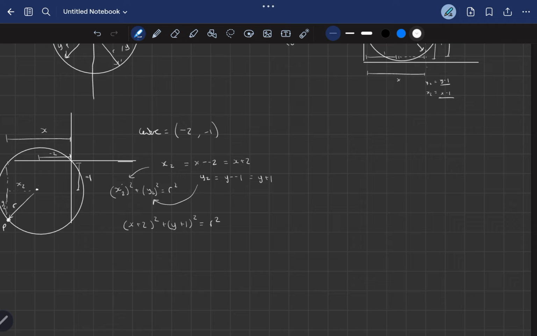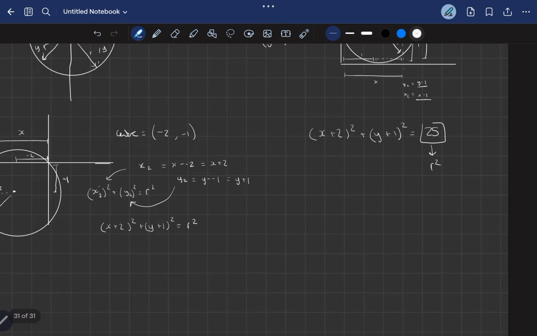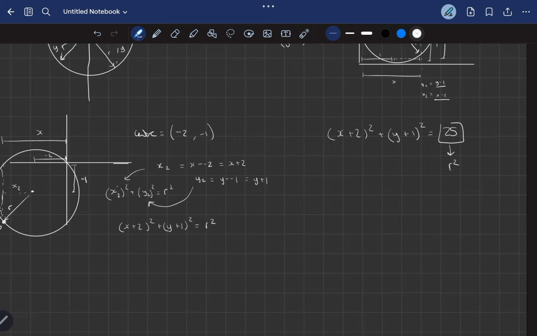How do you work out where to draw the circle? Say we have x plus 2 squared plus y plus 1 squared is equal to 25. First of all, this is r squared. What is the square root of 25? 5. So we know the radius is 5.